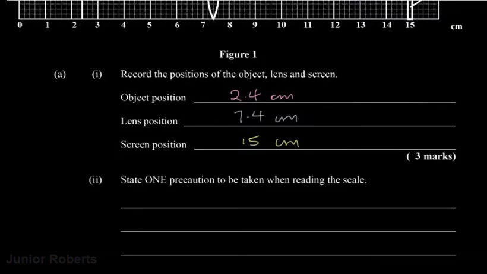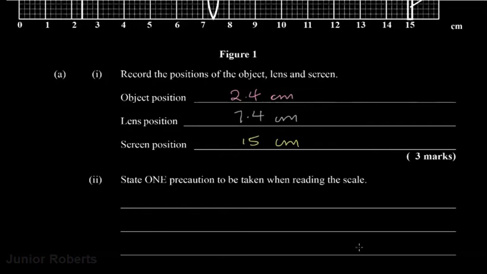Yes, very good. Whenever we're taking readings, especially of an analog instrument that we have to look at and read off by where the markings are, we will always want to ensure that we are reading at eye level, as Daniel says here, to reduce parallax error. So we can make a note of that.